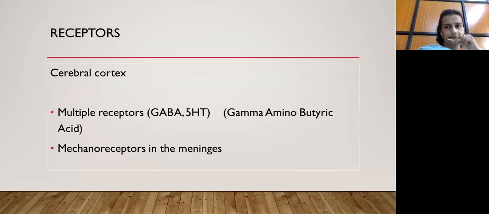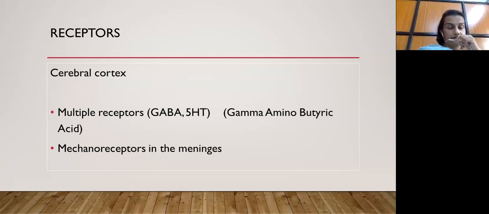Next slide, please. What are the other receptors which could be involved as a cause of nausea and vomiting? We also think that the GABA receptors in the cerebral cortex and 5-HT can be involved, and also the mechanoreceptors in the meninges. These are involved when nausea and vomiting are because of raised intracranial pressure, when the receptors in the meninges are stretched.